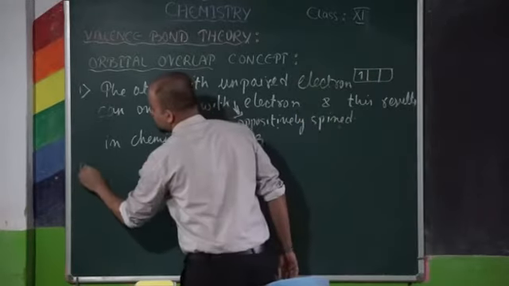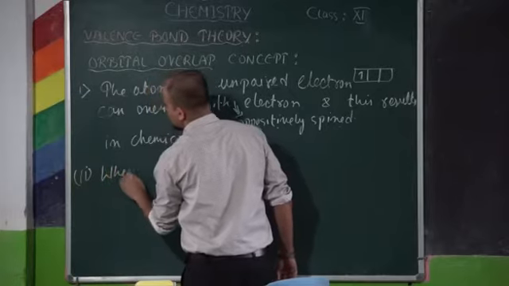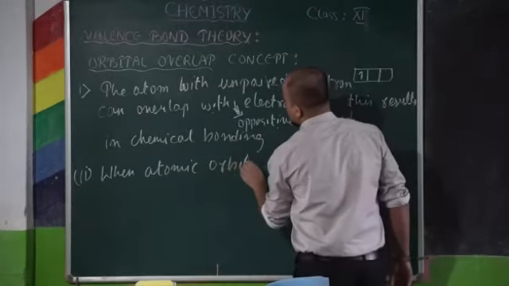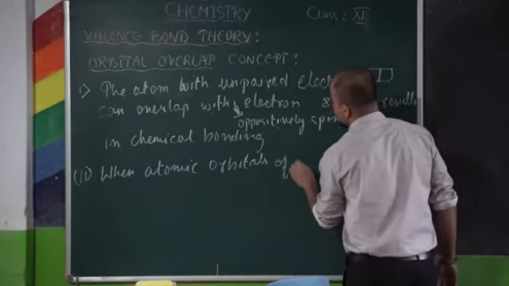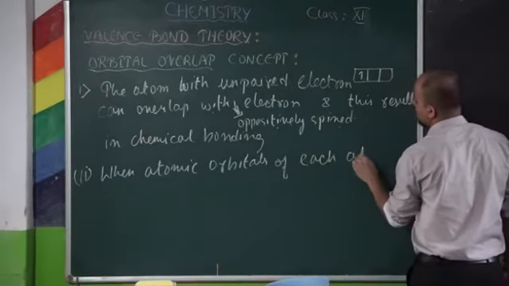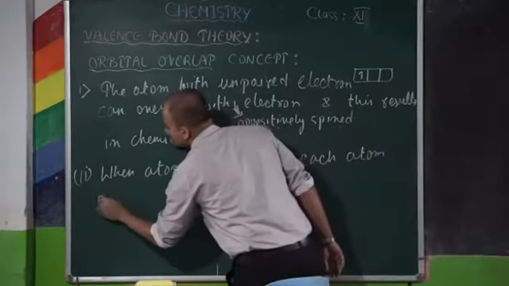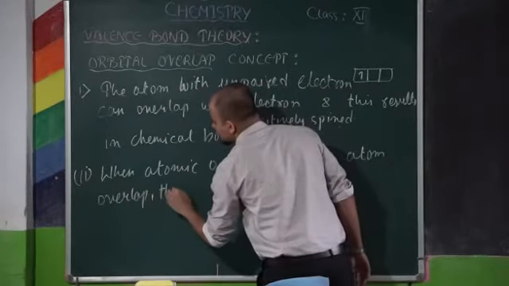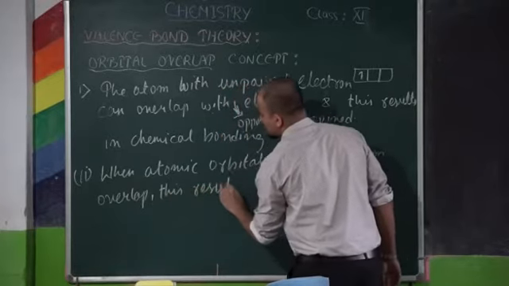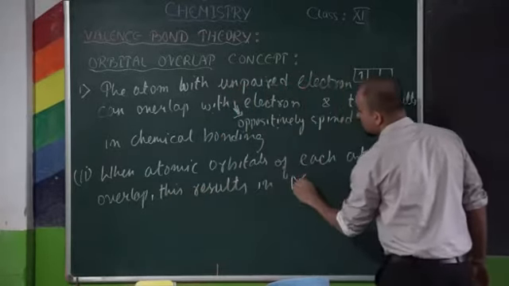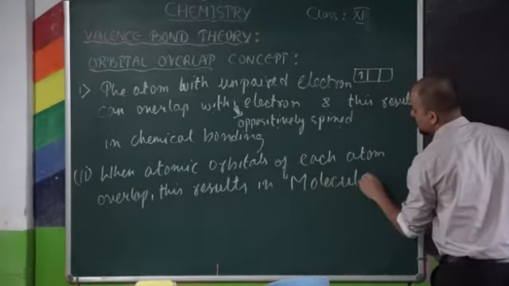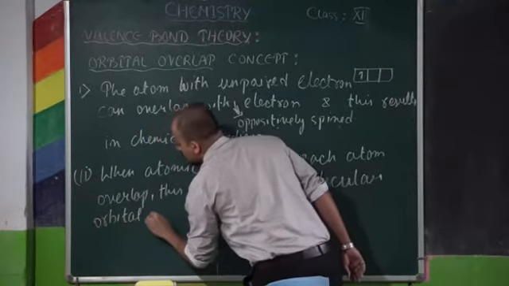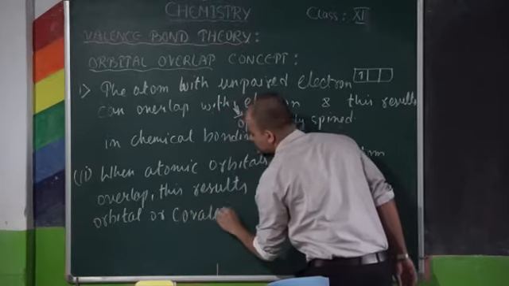Number two point: when atomic orbitals of each atom overlap, this results in a molecular orbital or covalent bond.